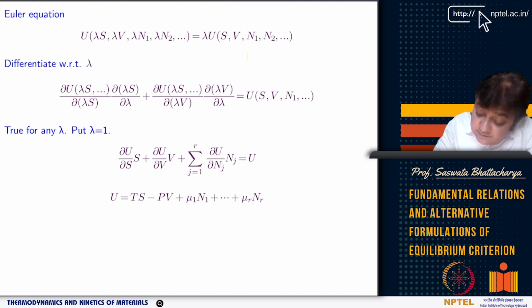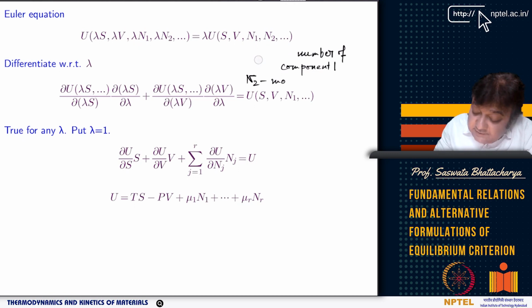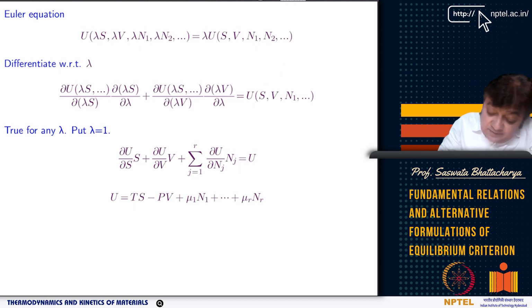and N2 again is the mole number of component 2. So these are N1, N2 and so on.